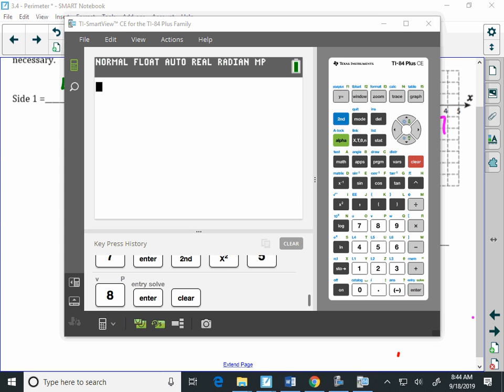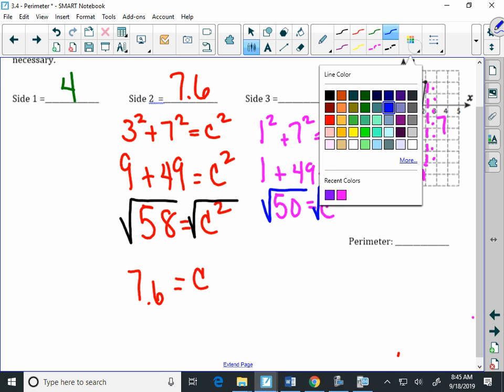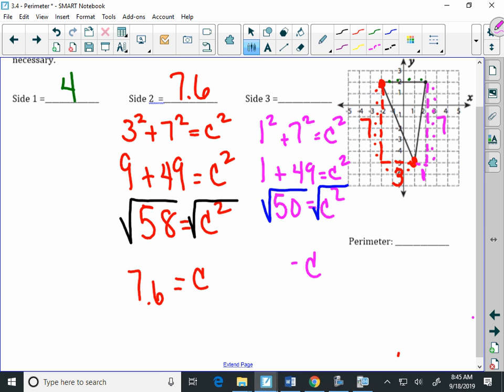And the square root of 50 is 7.07. But we're going to look at this 7 here to determine what to do to the 0. Because that 7 there is 5 or higher, then we're going to round that 0 up to a 1. So we end up with c equals 7.1.